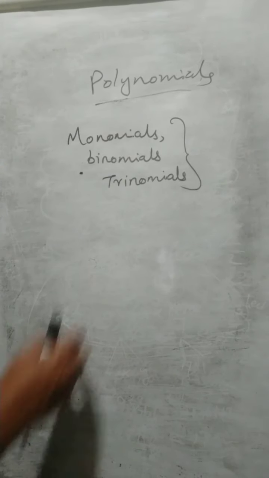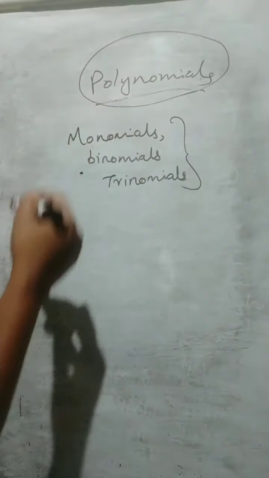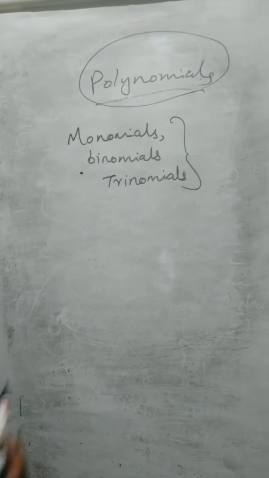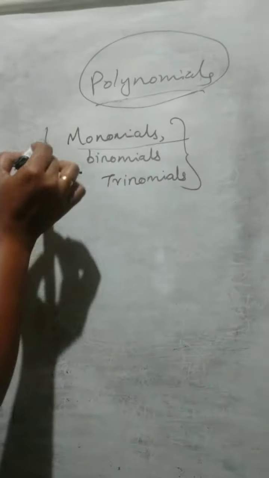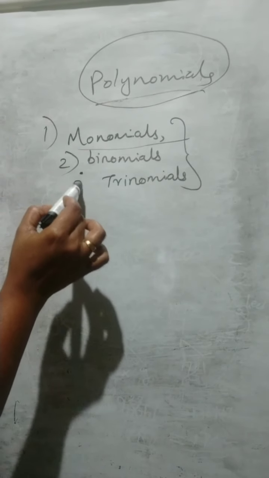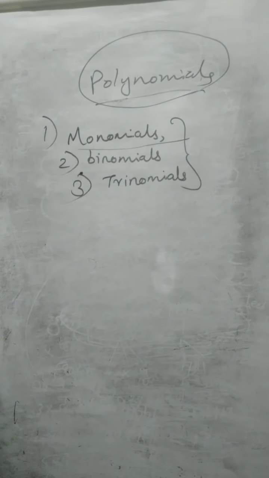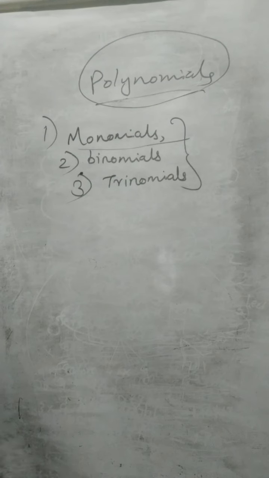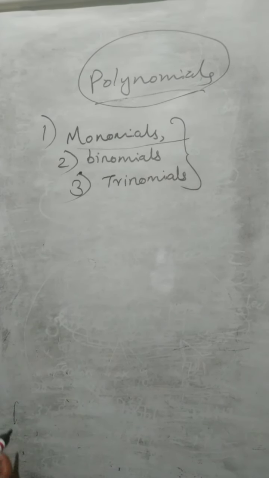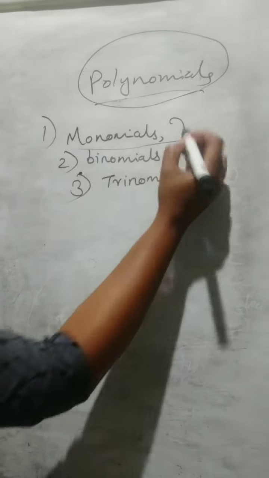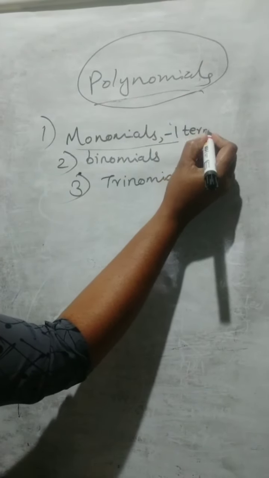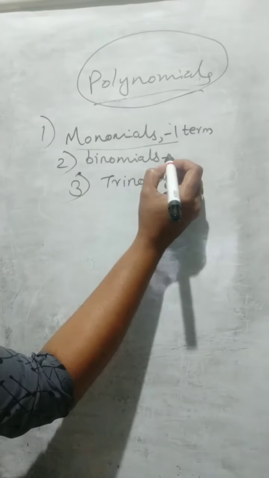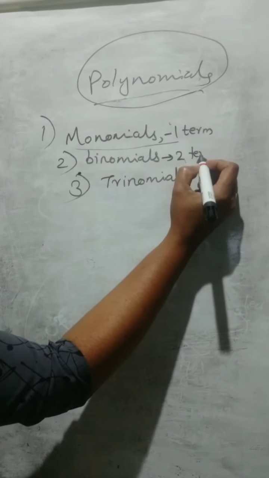Now we can study polynomials. There are different types of polynomials: monomials, binomials, trinomials. What is it? An expression with only one term is known as a monomial, that is one term. What are binomials? Two terms.